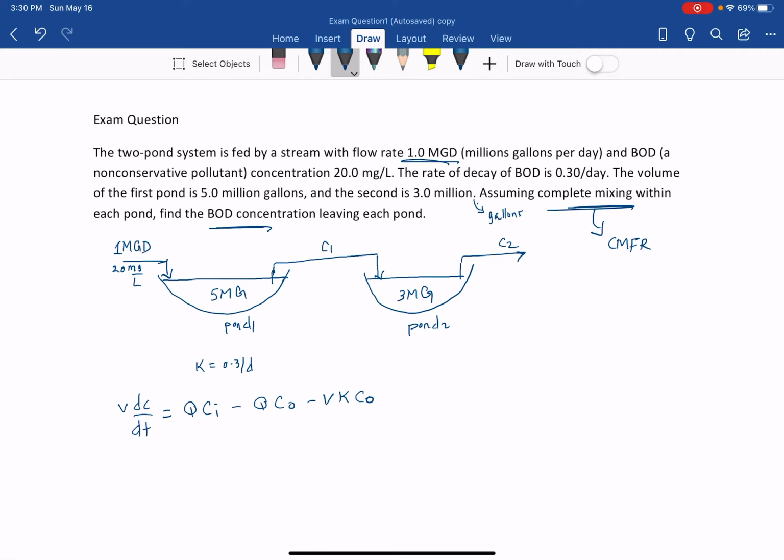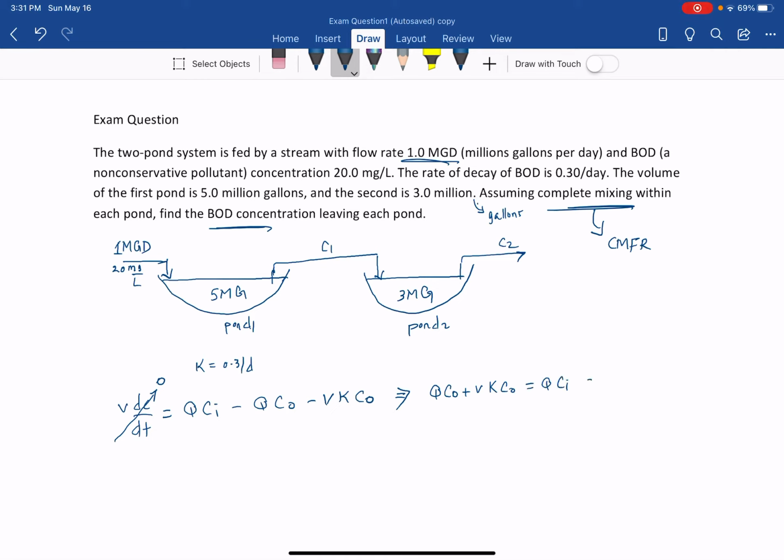In most design, we design for steady state, so this is going to be 0. We need C out, so we need C1 first, and then we will find C2 later. So Q C out plus V K C out equals Q C in.